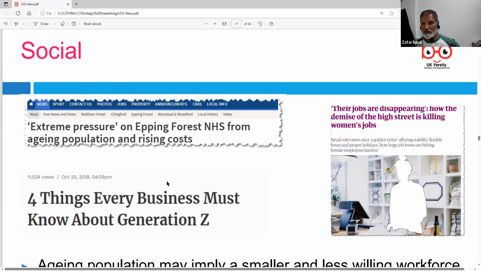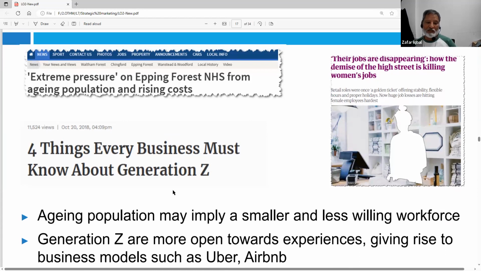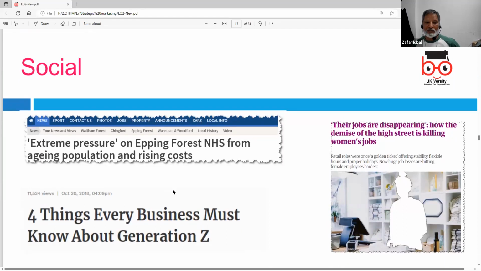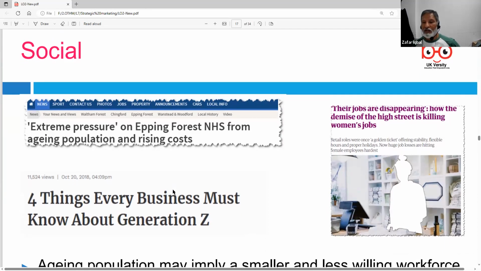There's a lot of pressure on people, so all these will have an effect on the marketing, on the objectives of the organization, and on our planning. Organizations have to plan for these social factors.